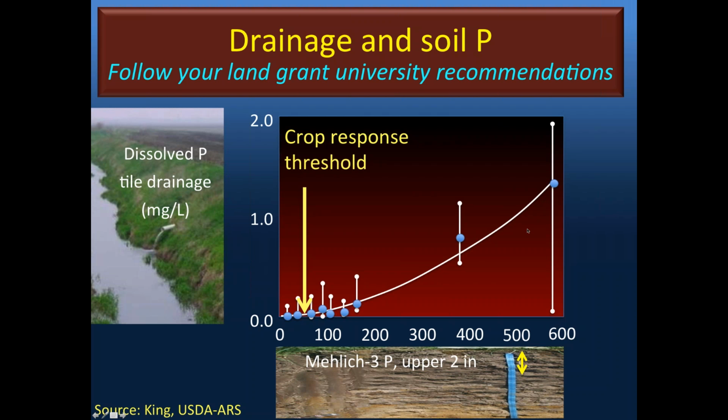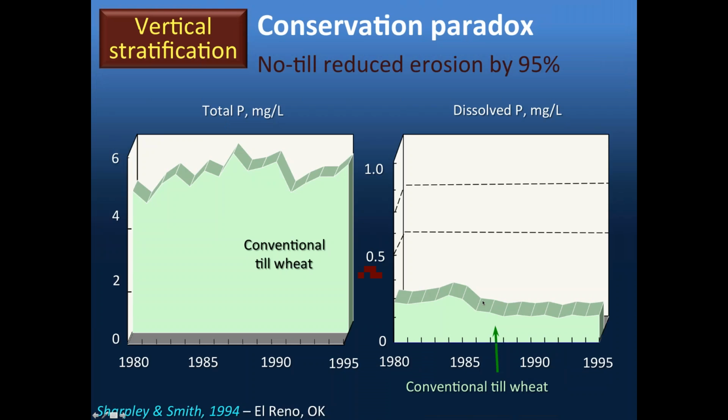And so we call those higher levels legacy phosphorus. They're a product not of this year's application, but of historical application of phosphorus to those soils. So let's look a little bit at some studies that get at the vertical stratification and what it can mean in terms of environmental impact.